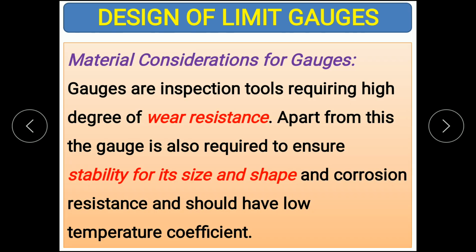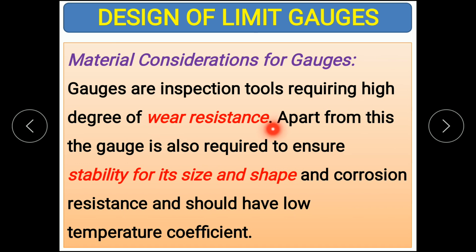Design of limit gauges. Again, material consideration for gauges is also very important. It means which materials we can use for manufacturing of gauges. First one is, gauges are inspection tools requiring a high degree of wear resistance.